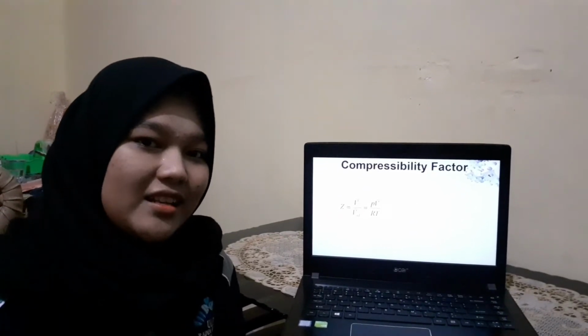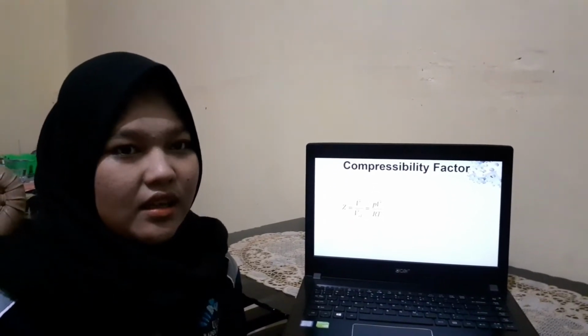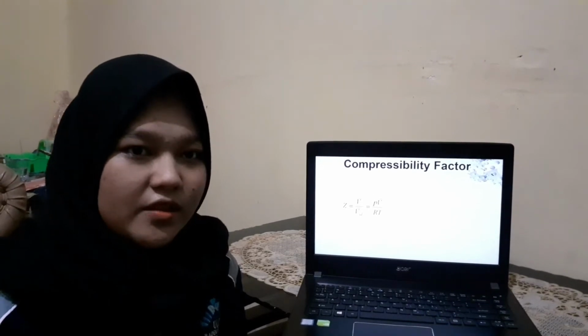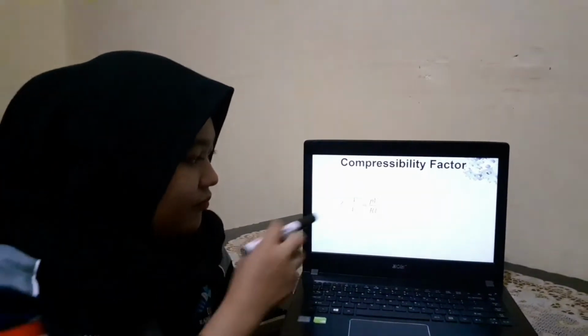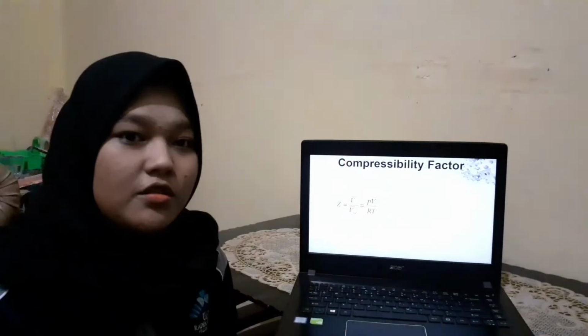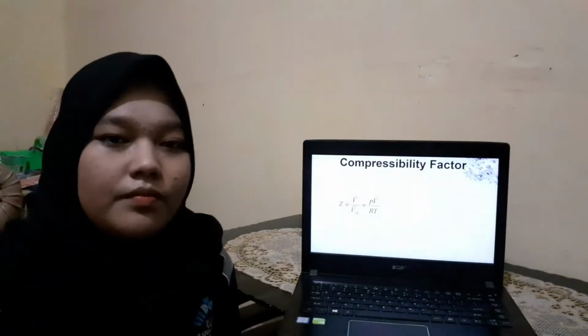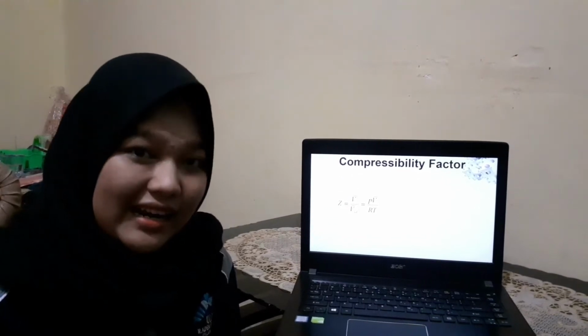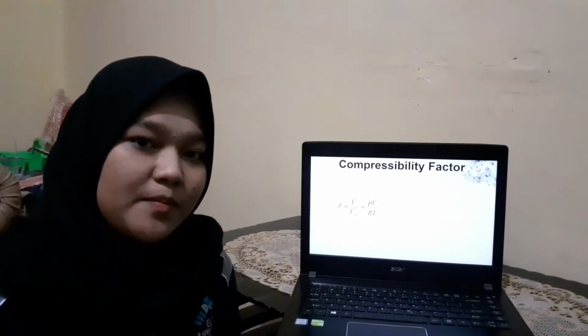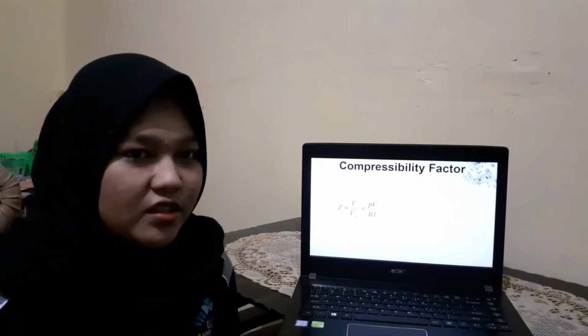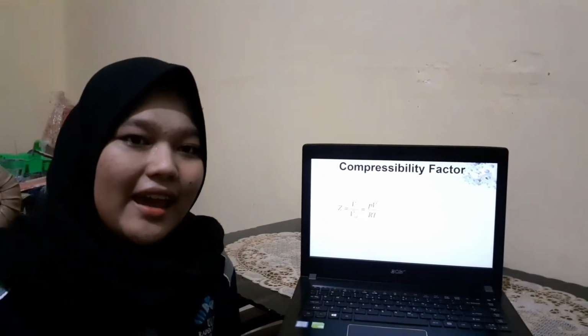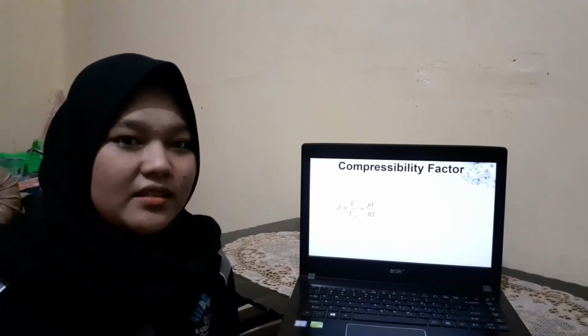To display the deviation clearly, the ratio of the observed molar volume to the ideal molar volume, RT divided by P, is plotted as a function of pressure at constant temperature.